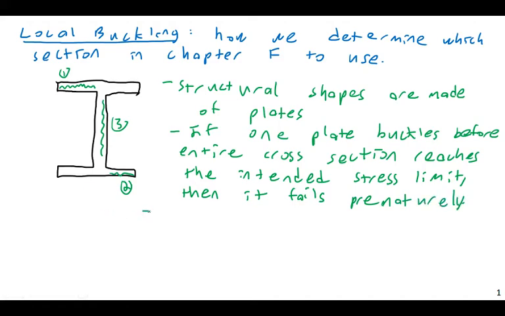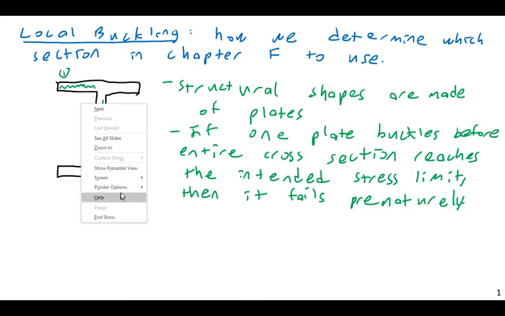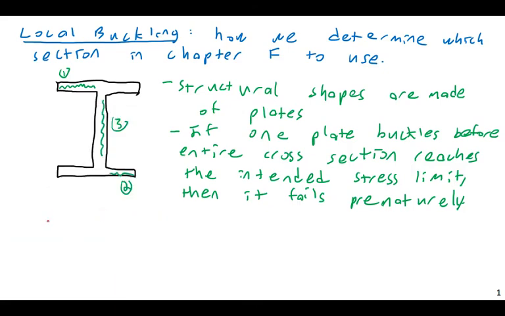So in other words, even though this is a local phenomenon, it does reduce overall capacity. Let me put this in red just for extra clarity: this local buckling reduces overall global capacity.